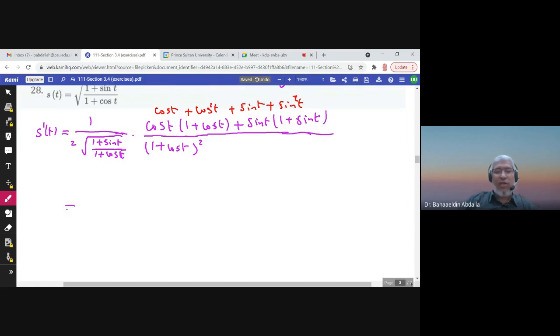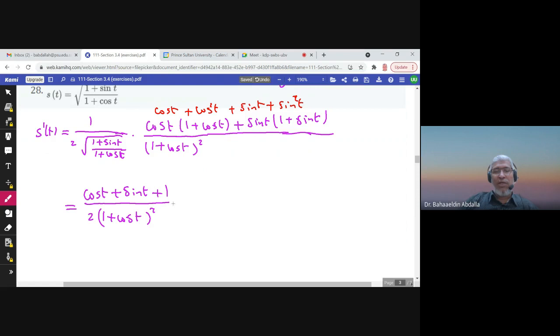So I can write it: cosine t plus sine t plus 1 over 1 plus cosine t to the power 2, and there is a 2 here, okay, and 1 over this square root.